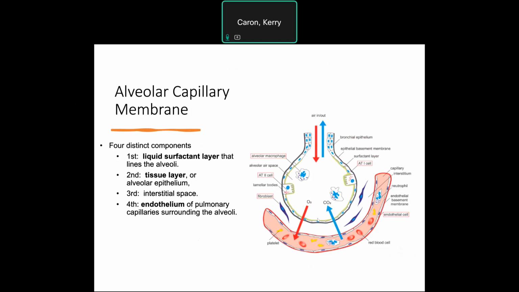You have the tissue layer, the second layer, which is the alveolar epithelium. Then you have interstitial space between, and then the endothelium of the pulmonary capillaries surrounding the alveoli. So this is a pulmonary capillary lining the alveoli.